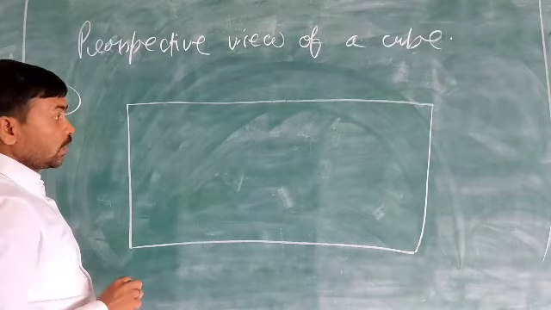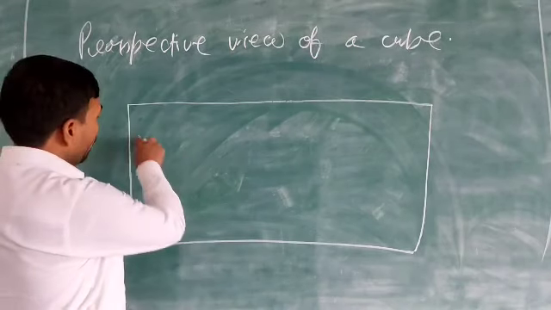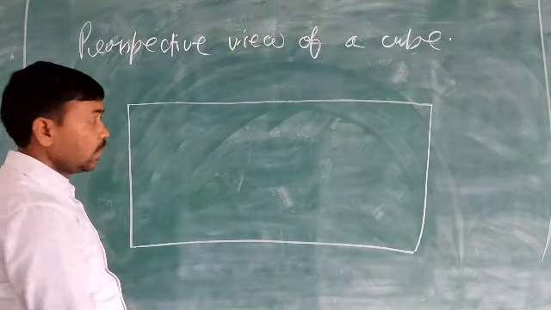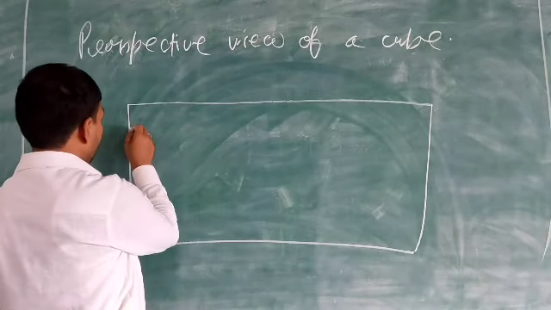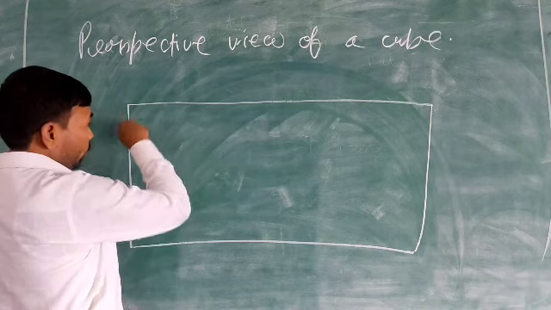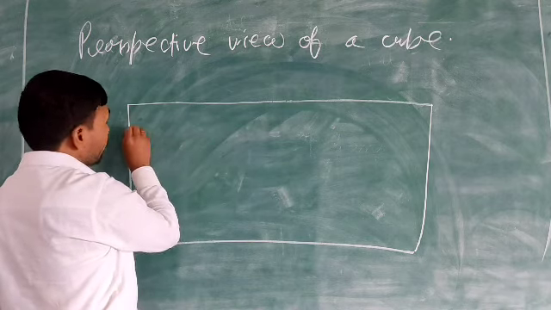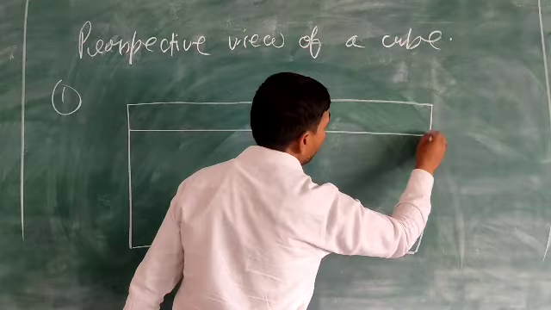This is the first step, and after that, children, you have to draw a horizontal line in this rectangular box, like this.